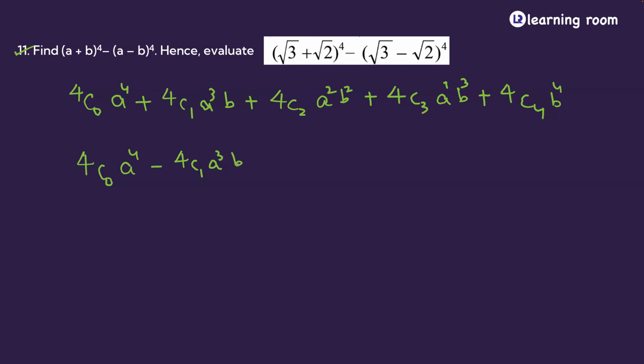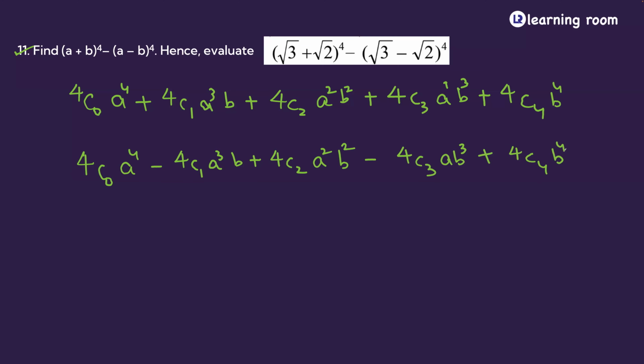Plus 4C2, what will we have? a square into minus b the whole square, which is b square itself. That's why I put a plus. So what will be the next term? Minus 4C3 a b^3 plus 4C4 b^4.